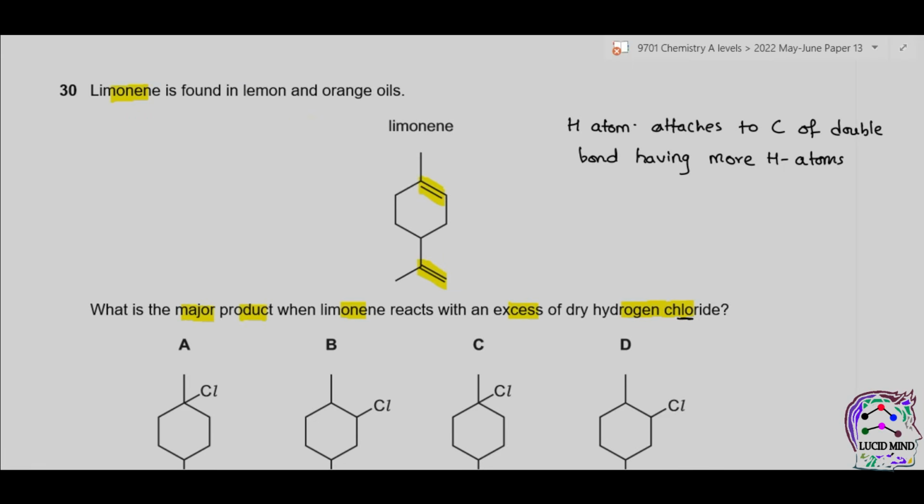Let's find out the number of hydrogen atoms in this structure. We can see we have this carbon that is making a double bond, so it has 0 hydrogens because it is attached to 2 carbons and making a double bond. This carbon is attached to 1 hydrogen atom. So it means that the incoming hydrogen will be attached to this carbon and chlorine is going to be attached to this carbon. So the product will be like this.